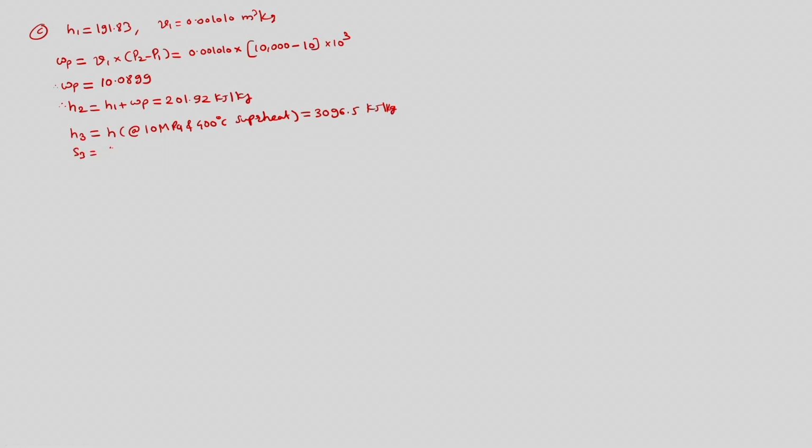Here we remember that we also have to find the entropy corresponding to 10 megapascal, 400 degrees Celsius superheat, and this entropy is 6.2120 kilojoule per kg Kelvin. So S3 is equal to S4 is equal to 6.2120, which is S1 plus X4 into SFG. This gives us the value of X4, and it is 0.742.